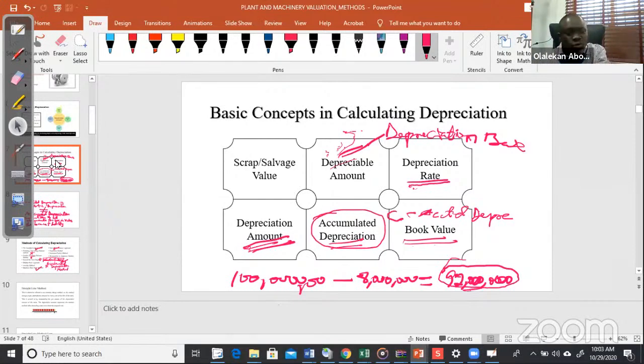Does it have alternative use? Are you with me? It might not really be worth so much, but the fact is that when you pull it out of the existing process, it has alternative use, or any part of it has alternative use in another process, right? Then you can say salvage value.